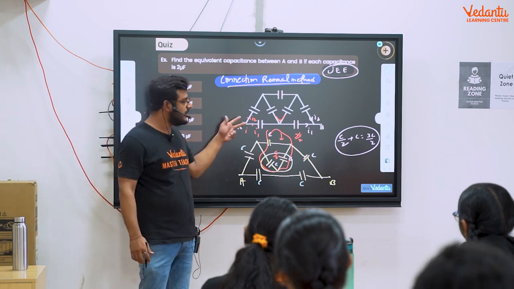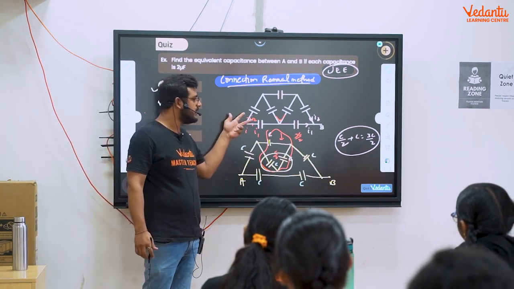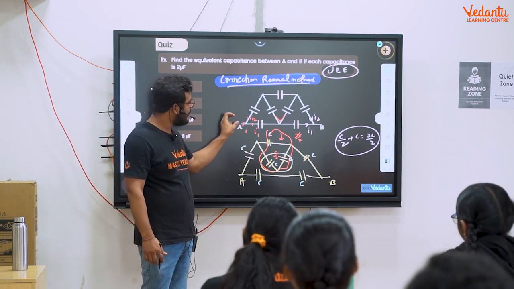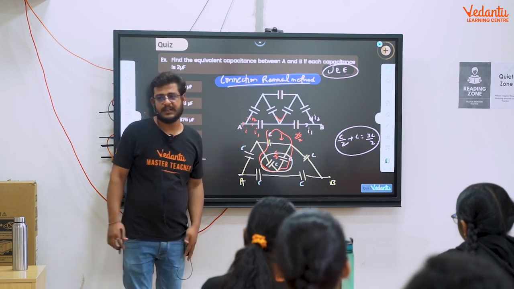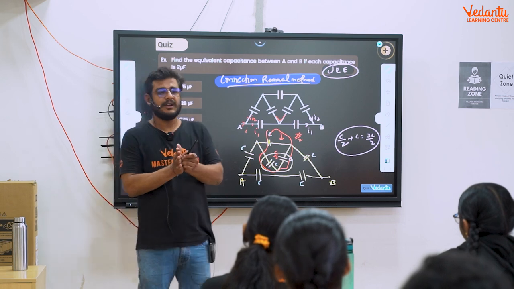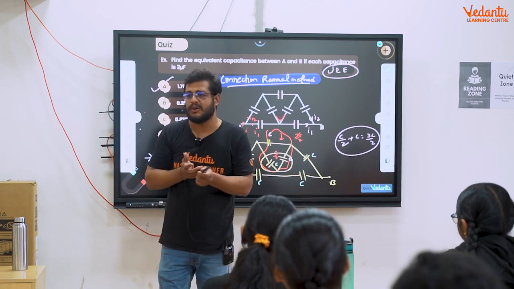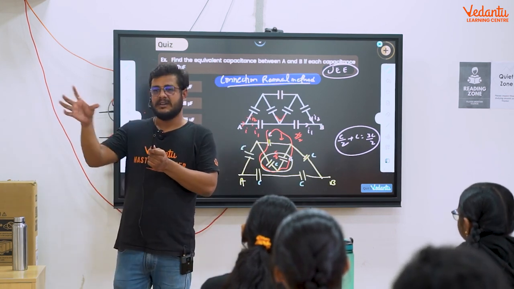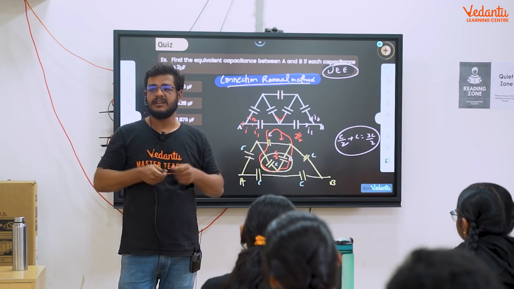But whenever it is splitting into two, that clearly indicates that these two are in parallel. Whenever you see a parallel connection, the current will split. It's just like you have one wire here, half of the current you divide here, half here. It's not always half, you can divide some part of the current here and some part there if you are connecting with two points.